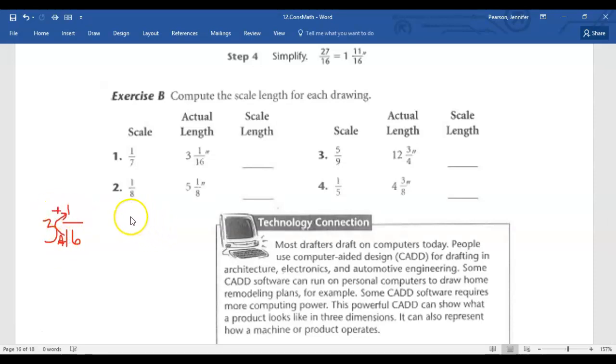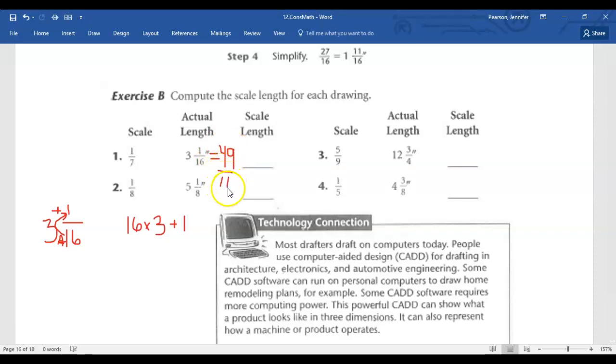But basically that is 16 times 3 and then plus 1. And that's going to give us the new numerator of our fraction, and the denominator stays the same. So 16 times 3 is 48. 48 plus 1 is 49. So this is actually the same as 49 over 16.